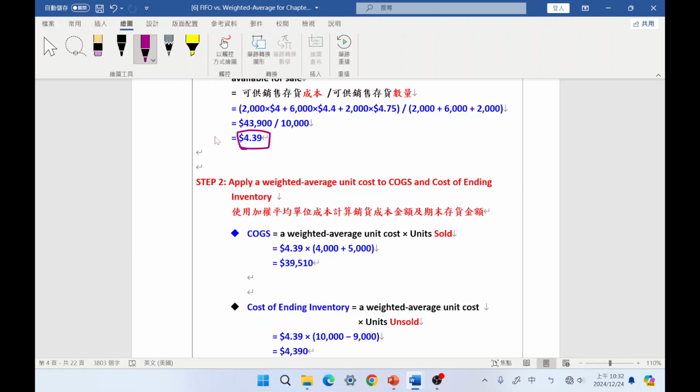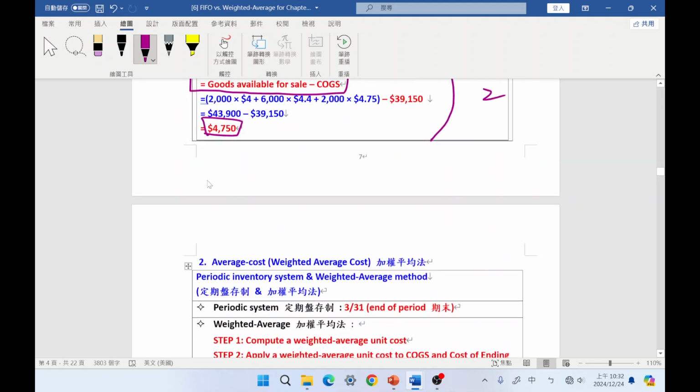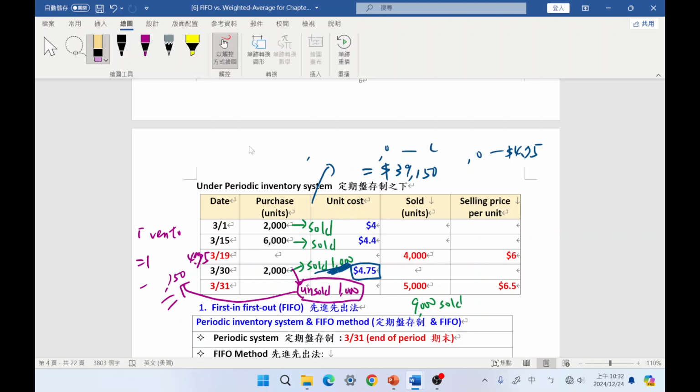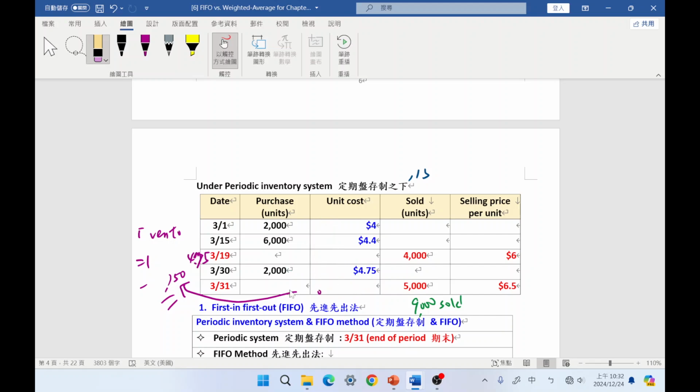So remember, for periodic lazy guy, date is not that important. So when you sell the products, not important because you are the lazy guy.